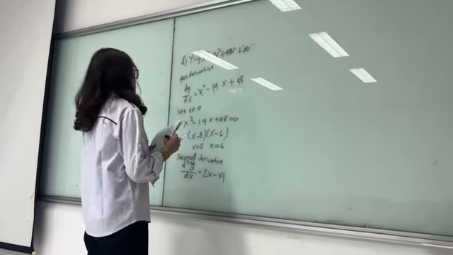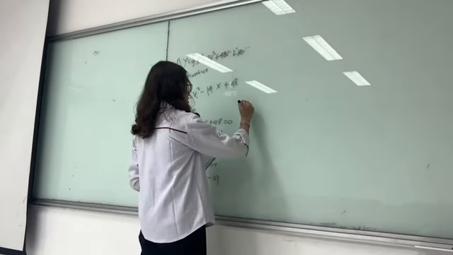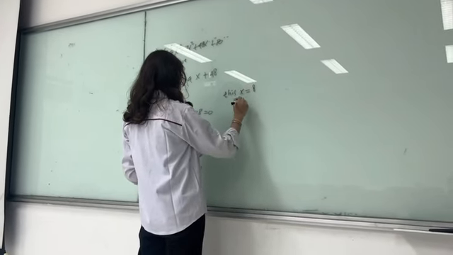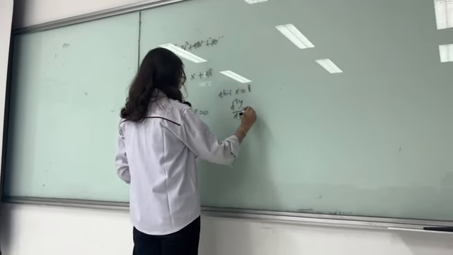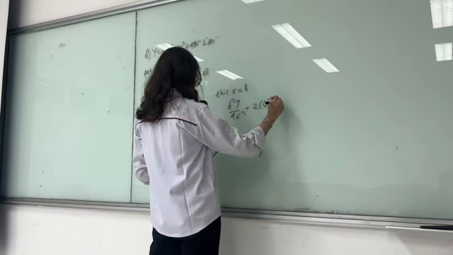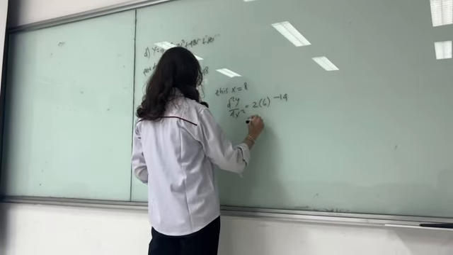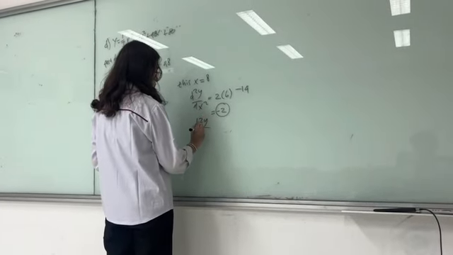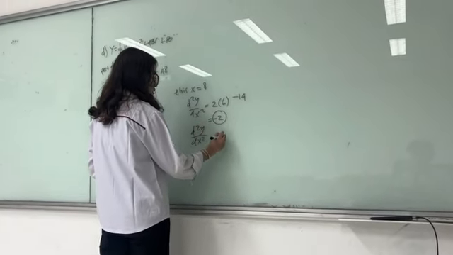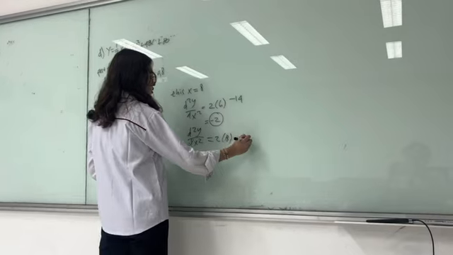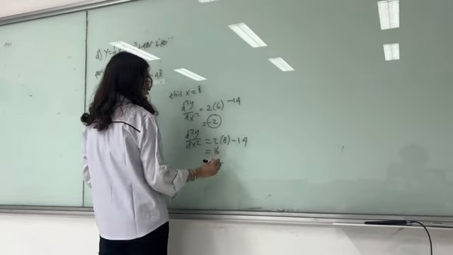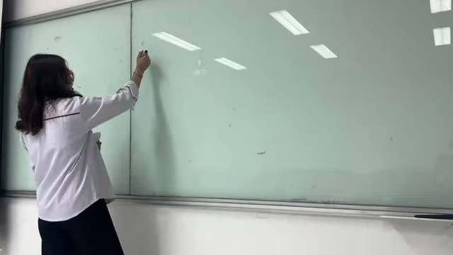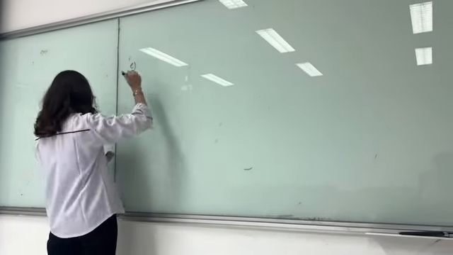And then for x equals 8, this is maximum. And this is for the minimum.